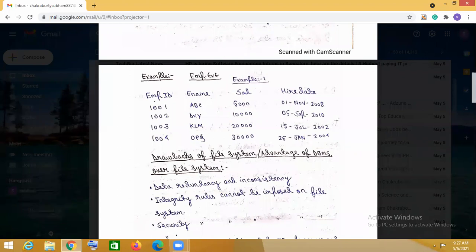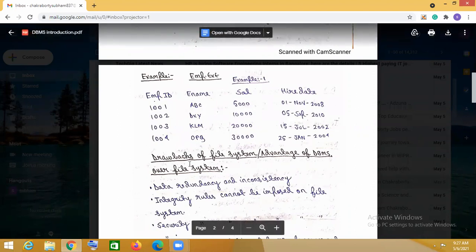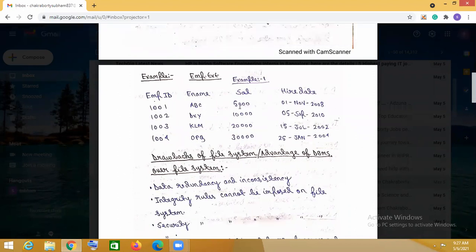But in the documents, the value of salary changed. Here 5,000 is written, but in the other place the value is 50,000. All the data is the same, only the salary value is changed. So this is the condition of data inconsistency.